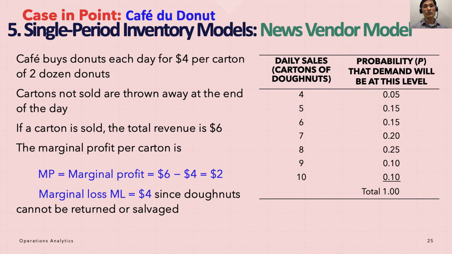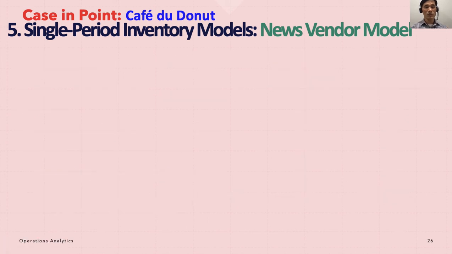There's a chance of 5% to sell 4 cartons, 15% to sell 5 cartons, and so forth. Here is the probability and your expected number of cartons to sell. This table has to be ready so that you can move on to calculate these inventory models. The problem provided us with this information, so let's see how we can follow these 3 steps.